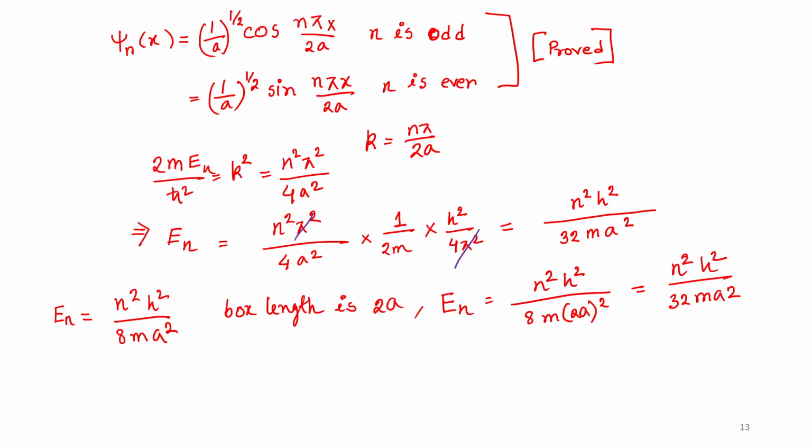Because when the box is from minus a to plus a, in that case your box length is 2a, but the coordinates are different.